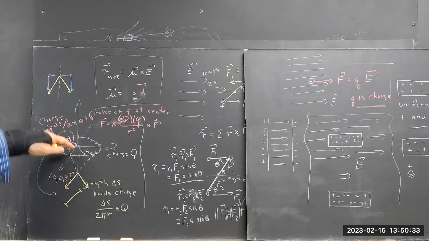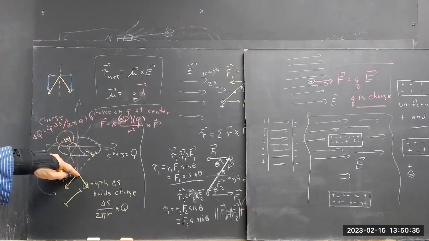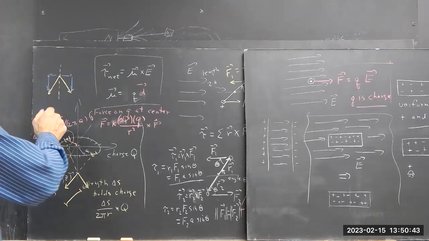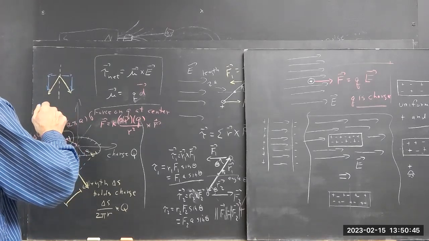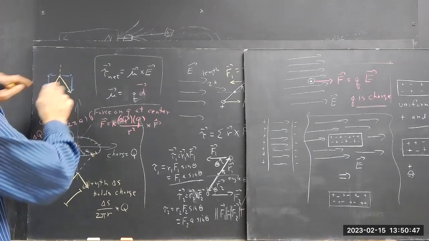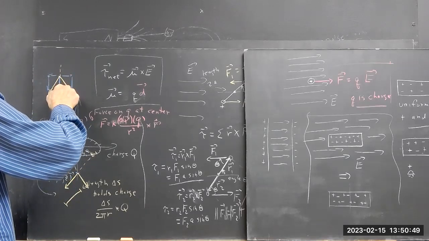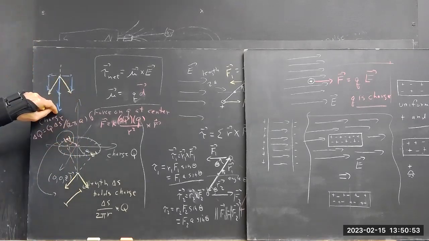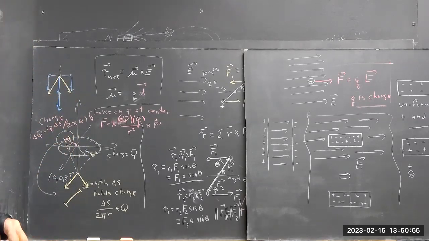You got a right triangle from here to here to here. The hypotenuse is the square root of z squared plus a squared, all that stuff. You find an angle, you can find the components. These two components cancel, these two components reinforce. Their net force is like this. It's the same for every pair. The net force is along the z-axis, they all add up.